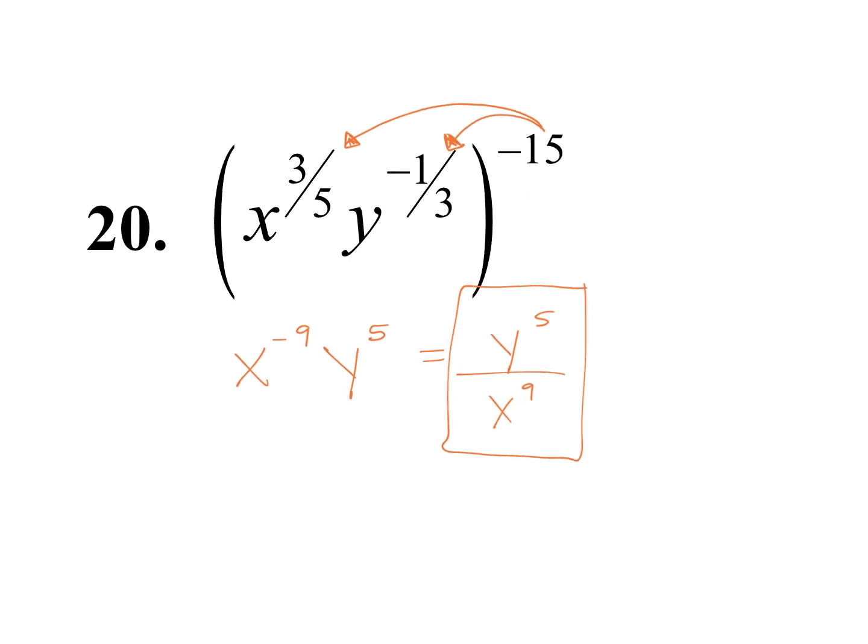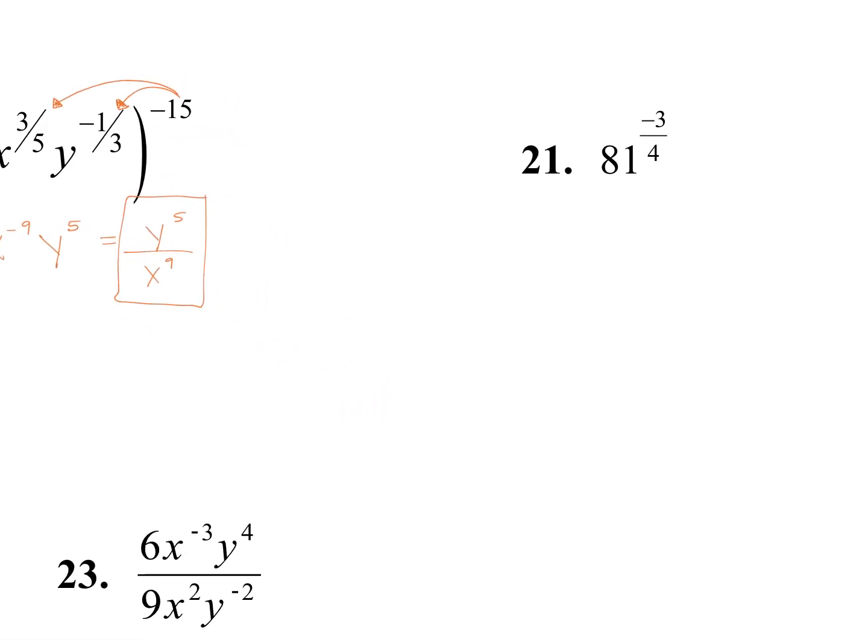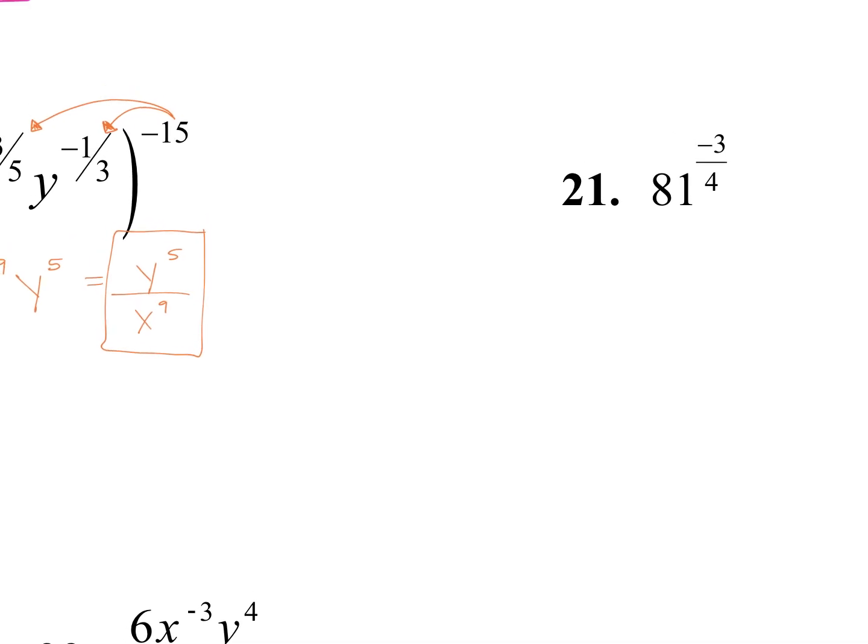All right. 21. I'd flip first, right? Make that negative go away. So we're going to think of this as 1 over 81 to the positive 3/4 power. And then how do you take 81 to the 3/4 power? The fourth root of 81 to the third power.